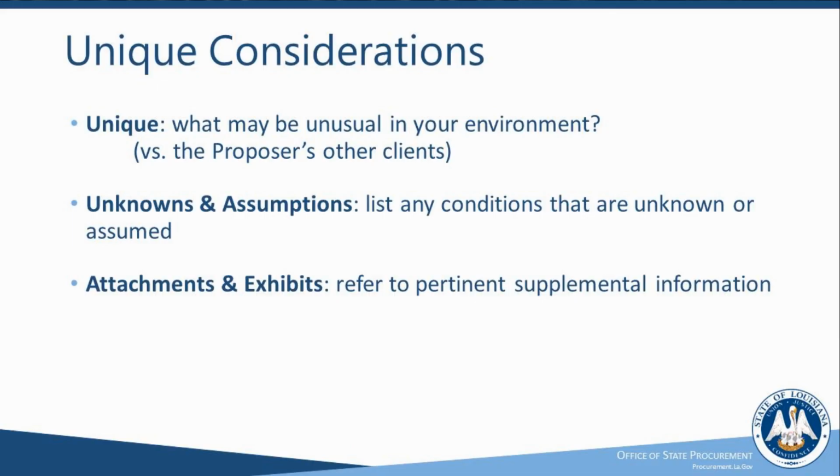Refer back a couple videos prior where we talked about using the phrase of, for the purposes of the proposal, proposer should assume X. That's a great way to handle various unknowns or assumptions. And that clearly identifies those things as being assumptions that have to be verified later. And then, of course, any supplemental information should be identified as an attachment or as an exhibit at the back end of your RFP. Don't bog down the scope document with too many pages.